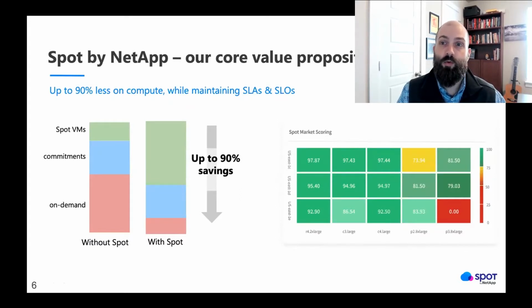We actually will be able to predict as much as 15 minutes or even an hour ahead of time if a Spot instance is going to terminate. So this allows us to do a predictive rebalancing and do a graceful migration of workloads from one Spot instance to another and deliver a 4.9 of SLA.